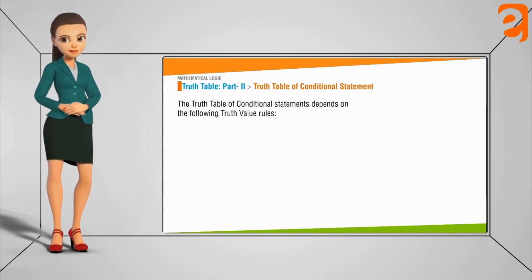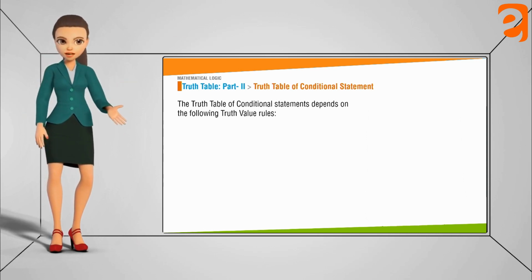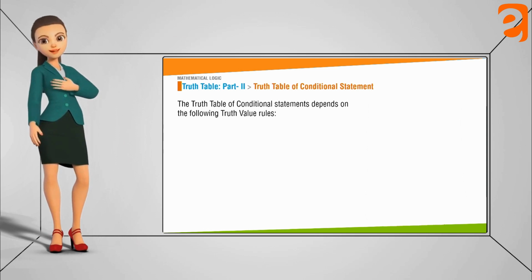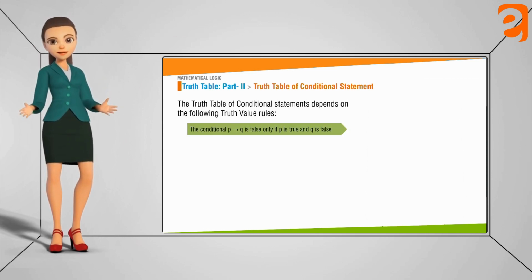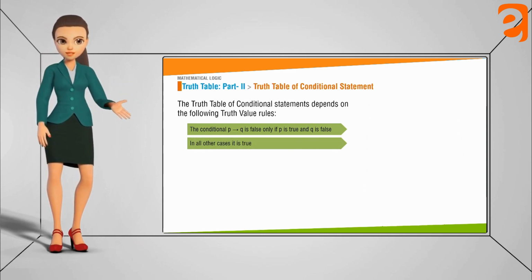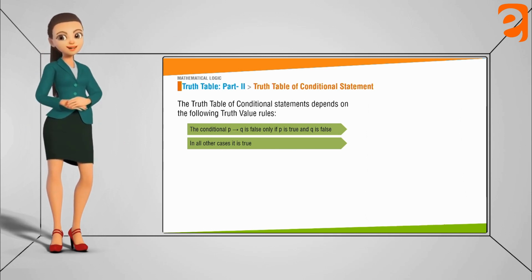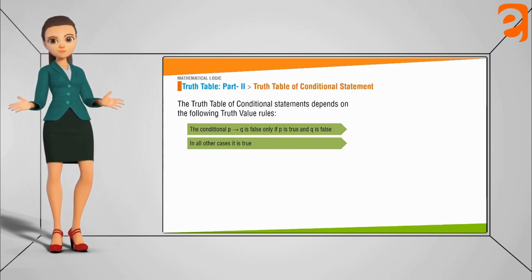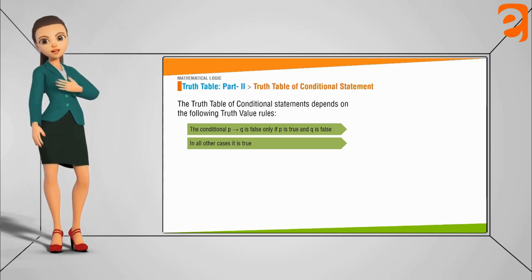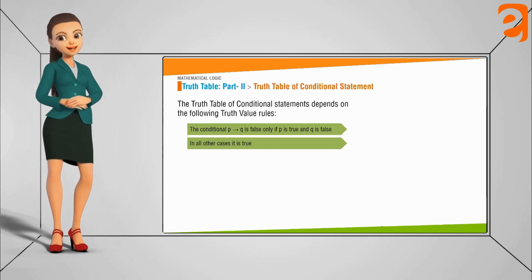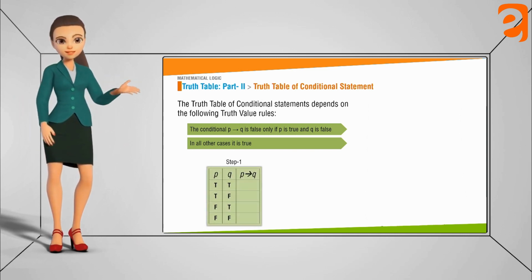Let us construct the truth table for the conditional statements. Just like we have constructed the truth table for the compound statements, similarly, we will apply some rules to construct the truth table for the conditional statements. If P and Q are two statements, their conditional statement will be if P then Q. And what is the rule for constructing the truth table for the conditional statement? It says that the condition P implies Q is false if P is true and Q is false, and in all the rest of the cases, it is going to be true.